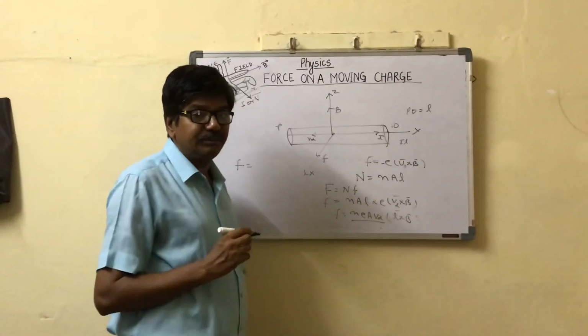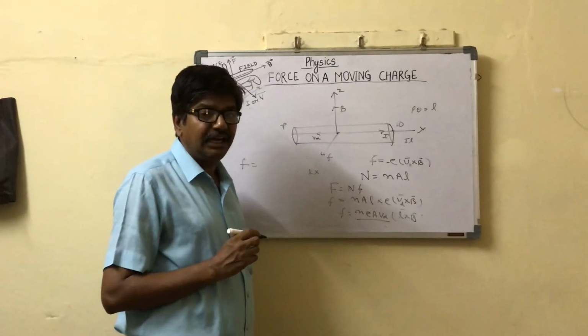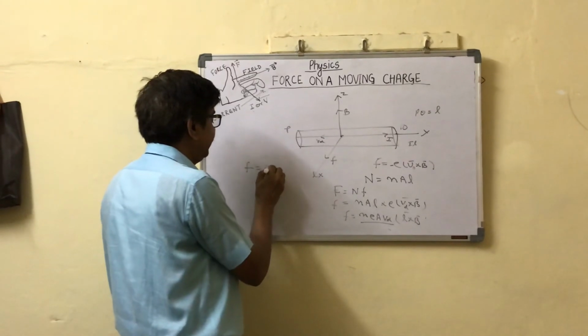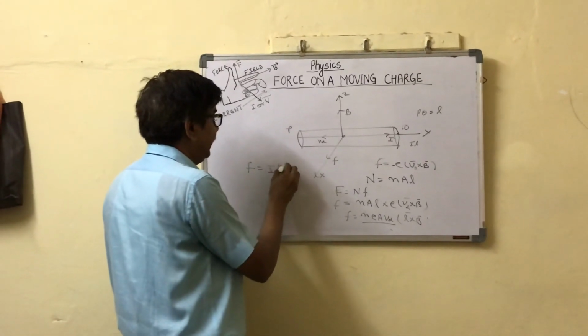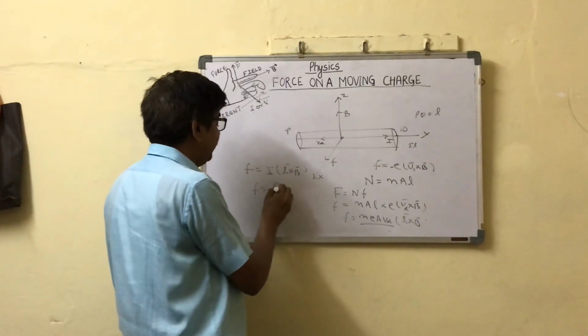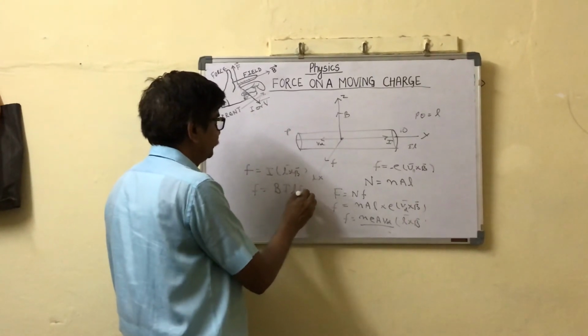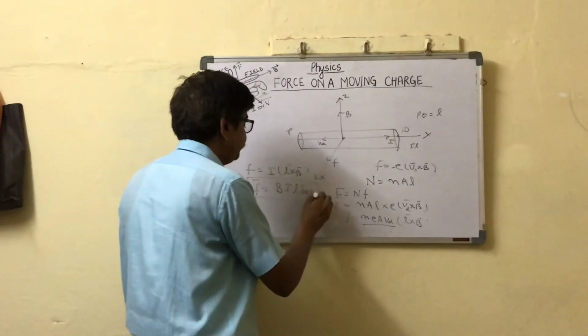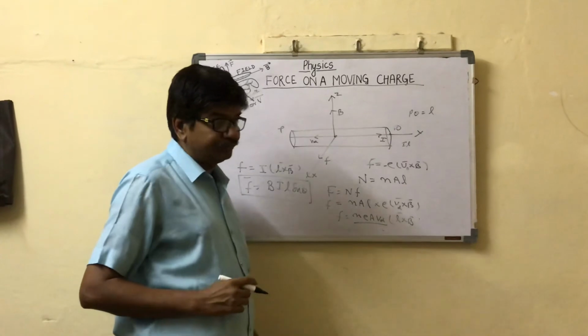There is a relation between current and drift velocity: I equals n e A vd. So that is I L cross B, which is known as BIL sin theta. This is the force.